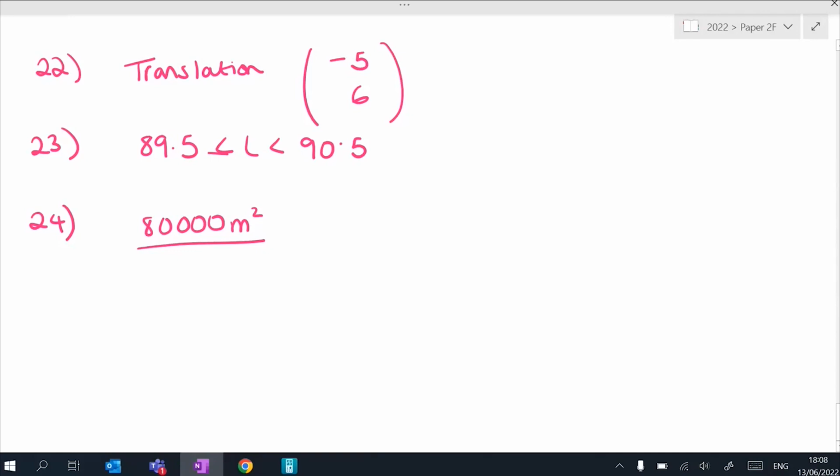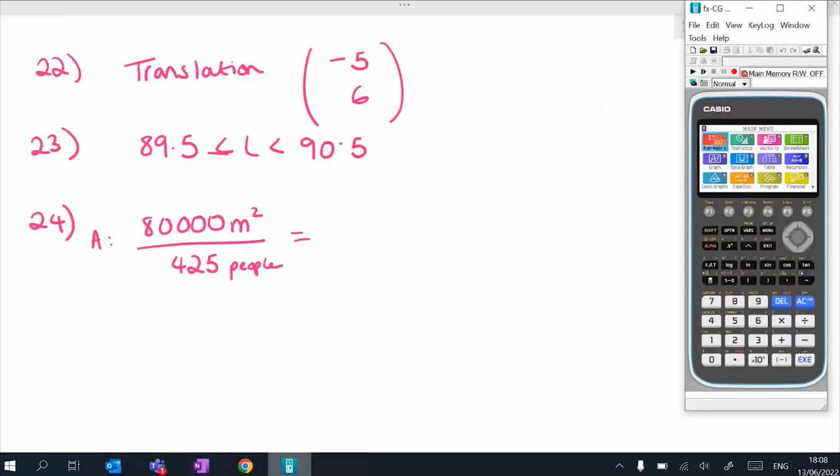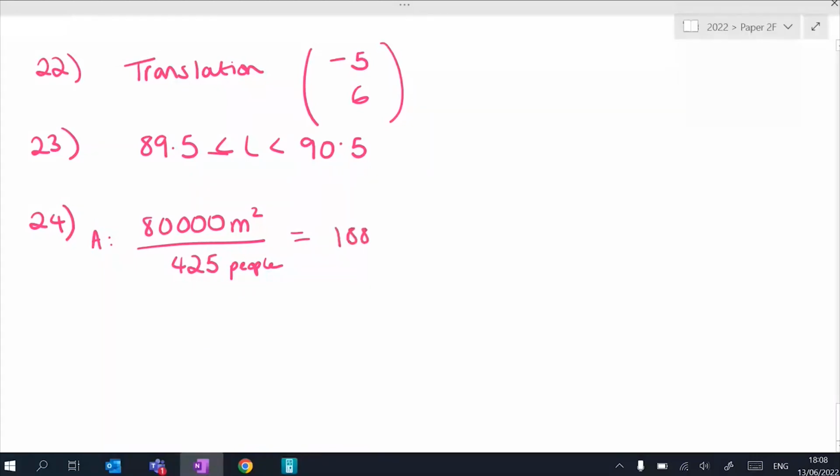So 425 people can go to, this is for Festival A. So I'm doing 80,000 divided by 425. So 188 meters squared per person.